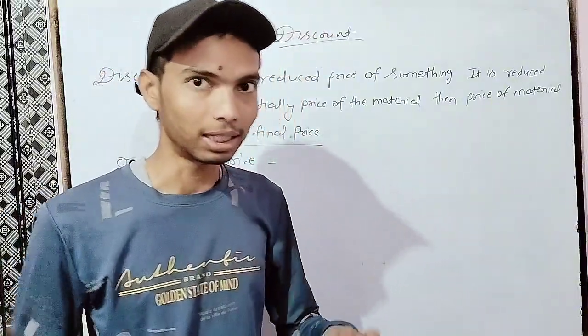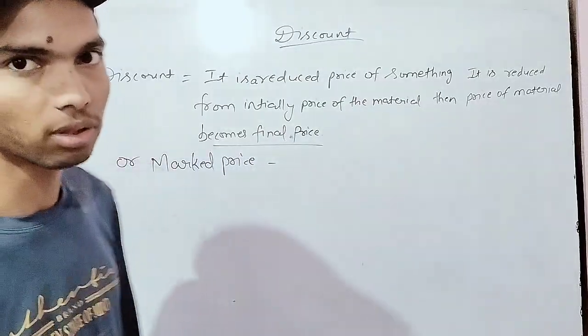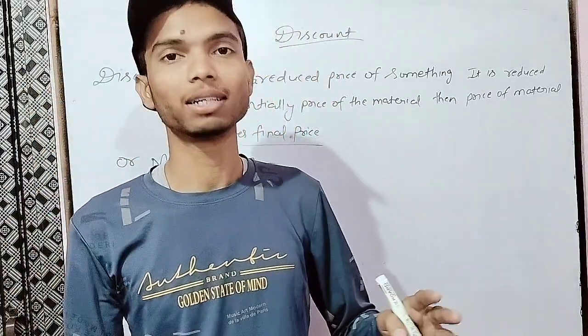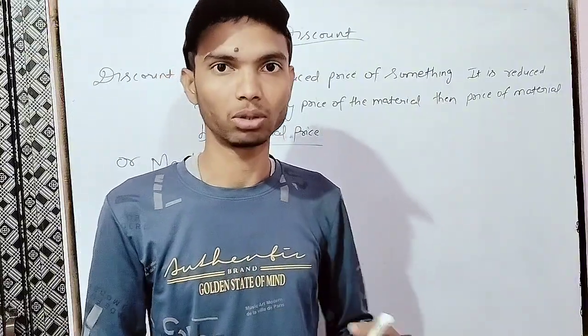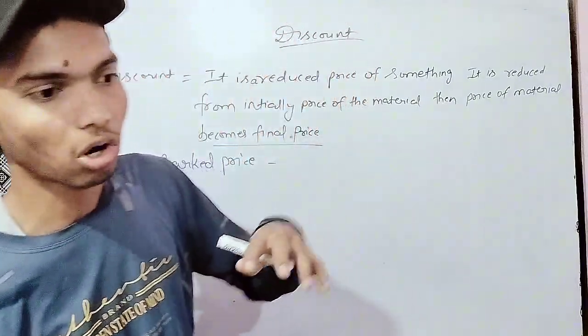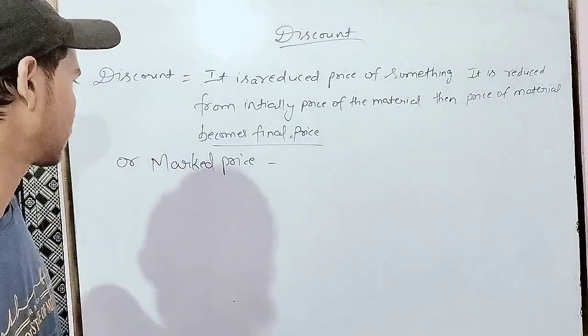So here it happens in the market that nobody, no business person, wants to be at a loss. That's why the discount price would be less than the market price.